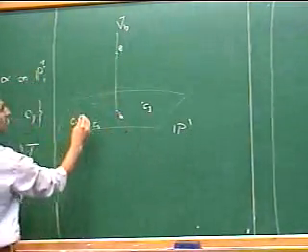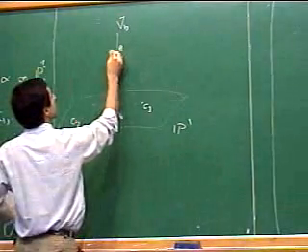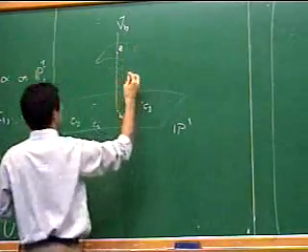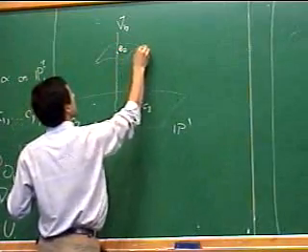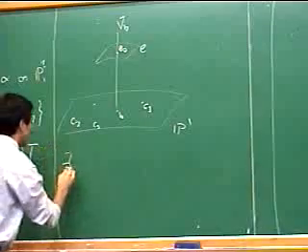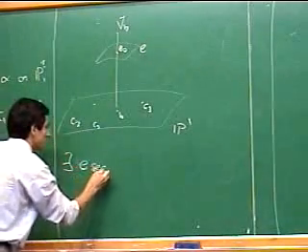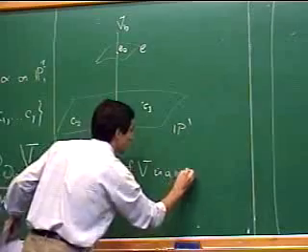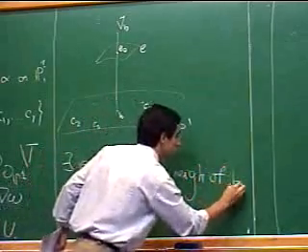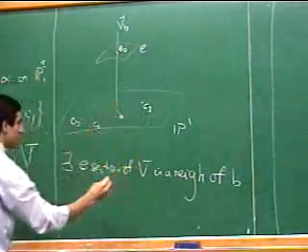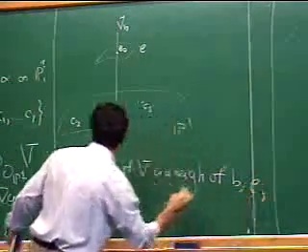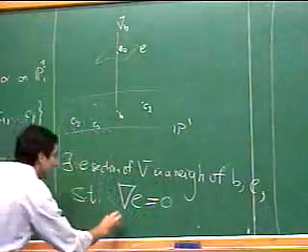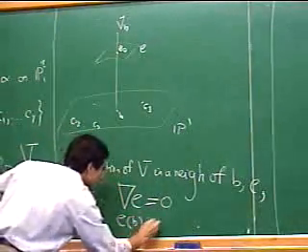There exists a unique section E of V in a neighborhood of B, such that nabla E is equal to 0 and E at the point B is E0.